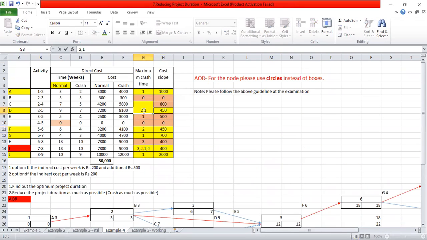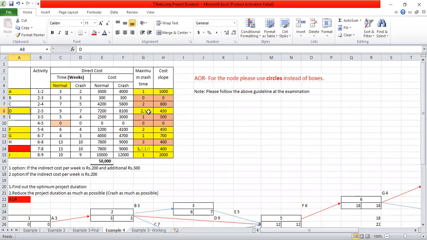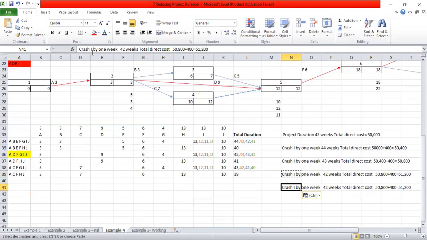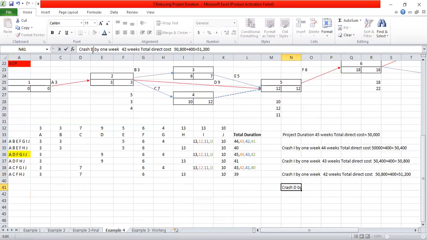That means 2 becomes 1. Very good. Sorry, 1 week. So I will crash D activity by 1 week, right? Crash D by 1 week. So the weeks will be changed, and the total direct cost for that, 51,200, I have to add the 450.